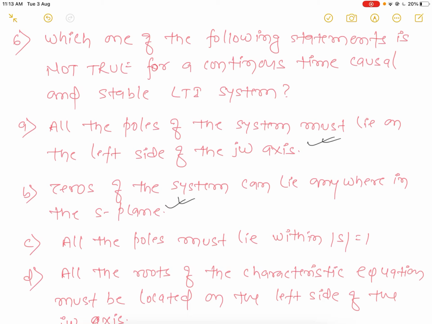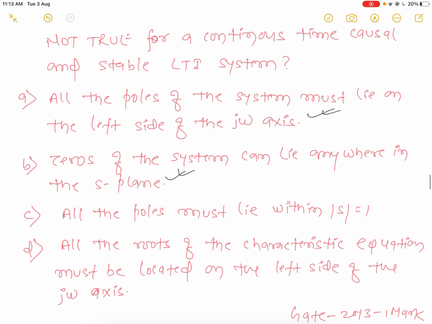All the poles must lie within mod s equal to 1. Mod s equal to 1 means poles will lie between minus 1 to plus 1. Minus 1 means left side, plus 1 means right side.